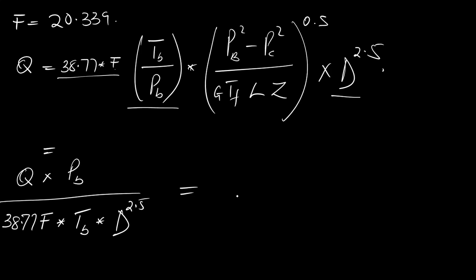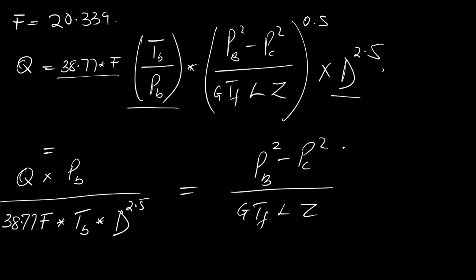Now this will be equal to P subscript B raised to power 2 minus P subscript C raised to power 2, all divided by G T L divided by Z, brackets open and close, all raised to power 0.5. So this is what you have.